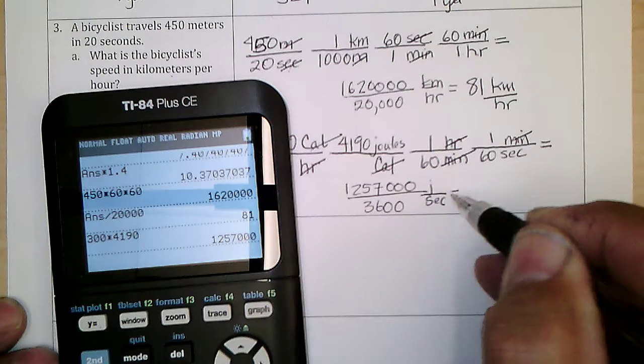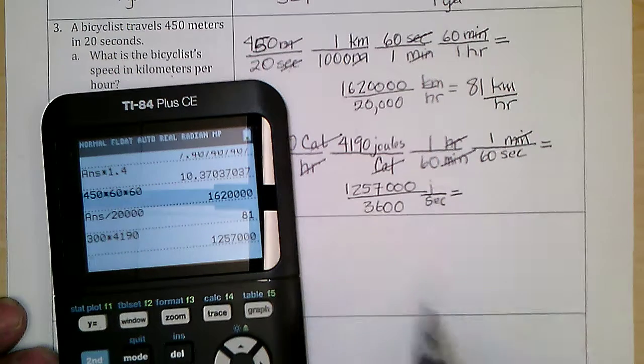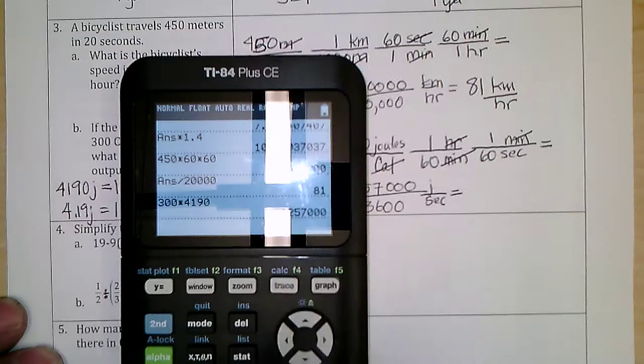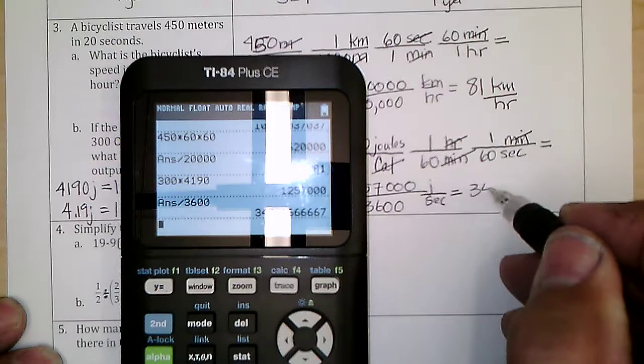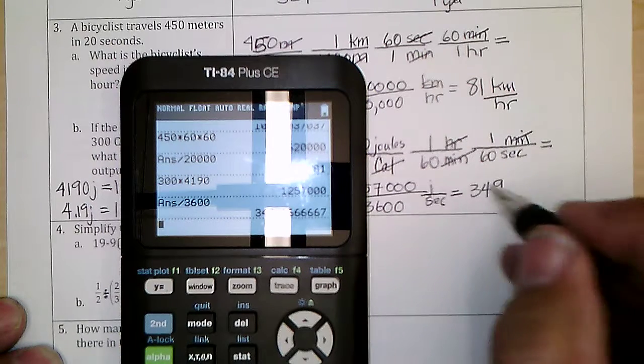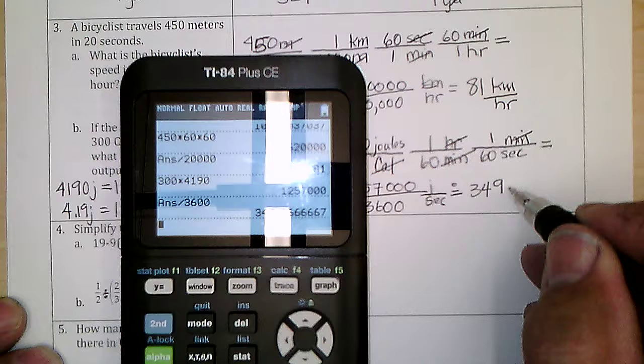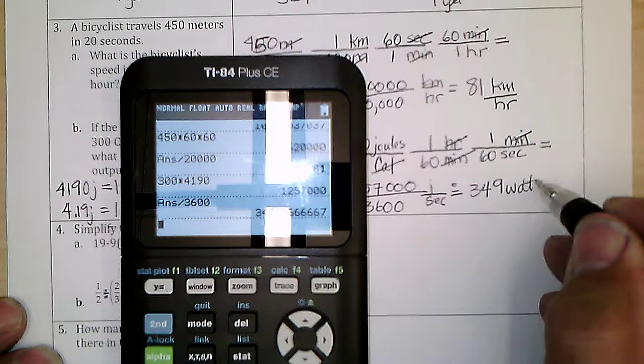So this is watts, because a joule per second is a watt, so we just got to figure out what that is. So I'm going to divide by 3600, and I get 349 approximately watts, joules per second.